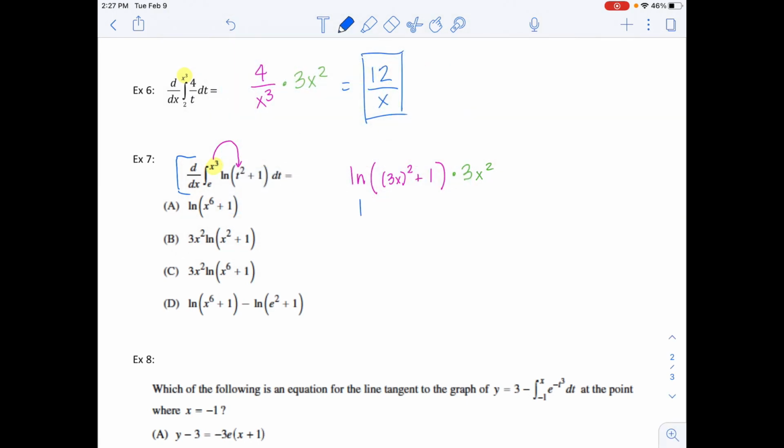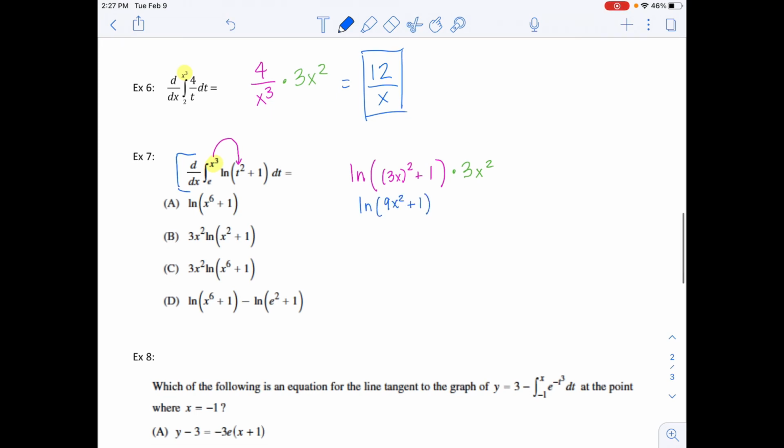So the ln of, I guess this would be 9x squared plus 1, and then times 3x squared there, which, since that's outside, 3x squared times ln of 9x squared plus 1. I don't see that there.